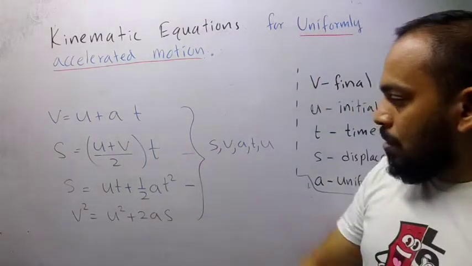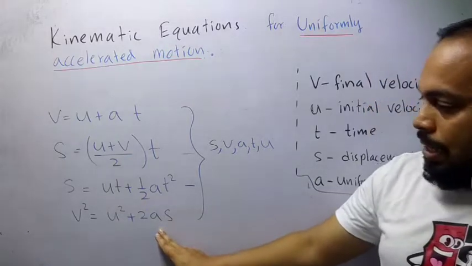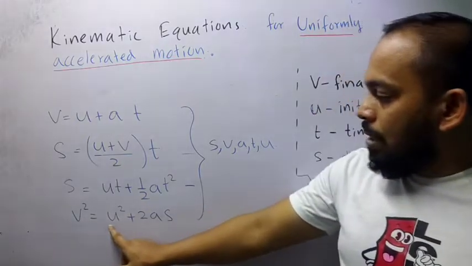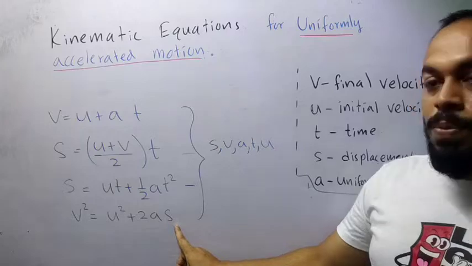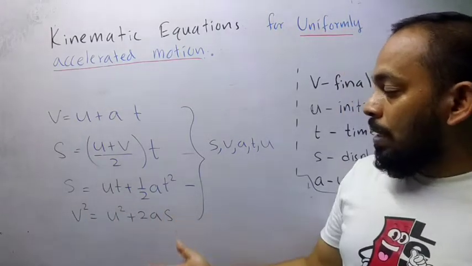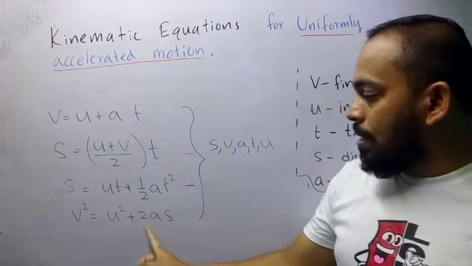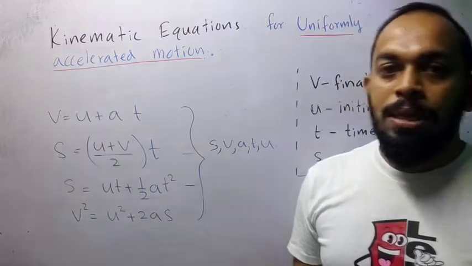So the last one is v squared equal u squared plus 2as. Final velocity, initial velocity, acceleration and displacement. You don't have time here. So if you want to find displacement given initial velocity, final velocity and acceleration, you go for this equation.